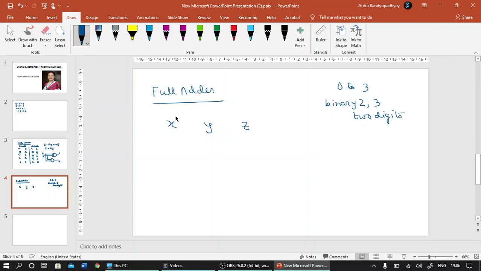So the outputs are designated by the symbols S for sum and C for carry. If we write the truth table, it will be like this. I am writing.